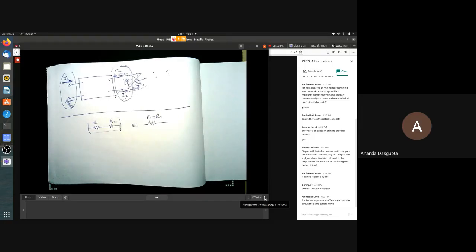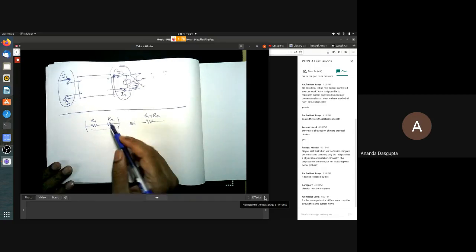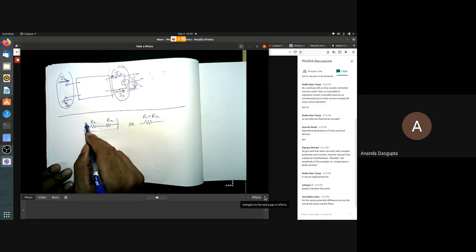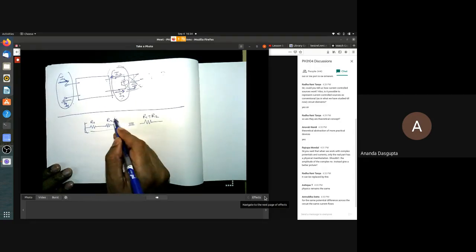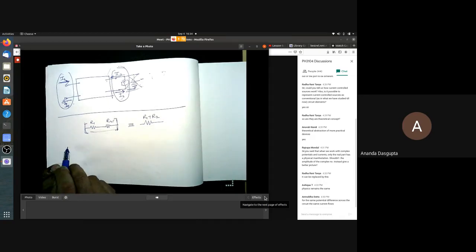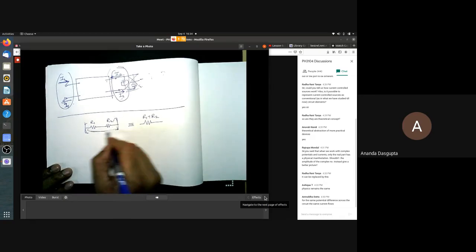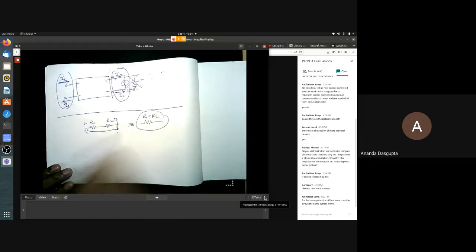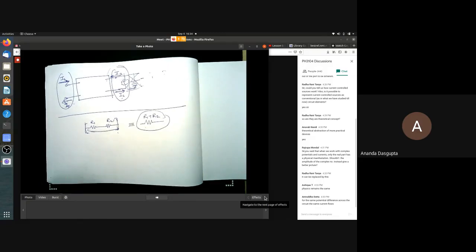Actually, this statement can be generalized to other cases as well. But strictly speaking, what it means is if this combination occurred in a circuit somewhere, if you were to replace this by this, then the currents and voltages everywhere else stays the same.